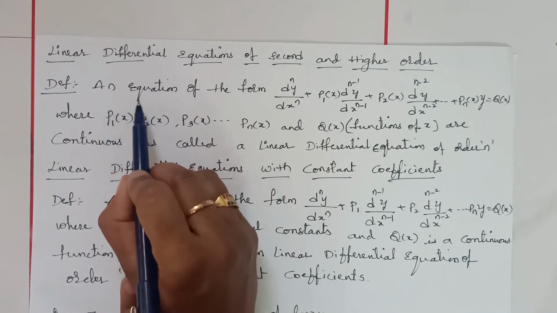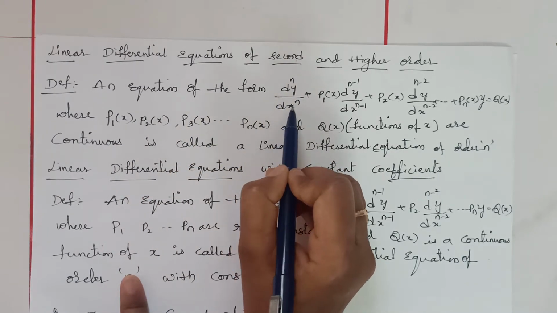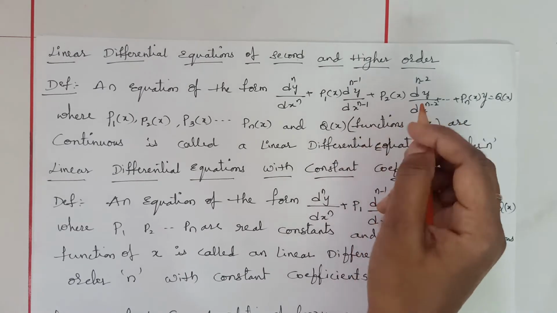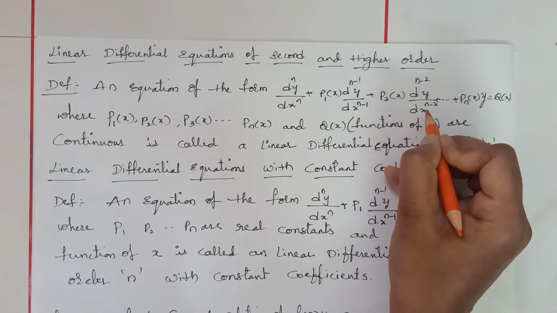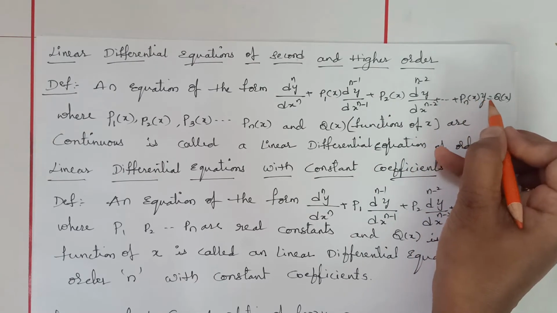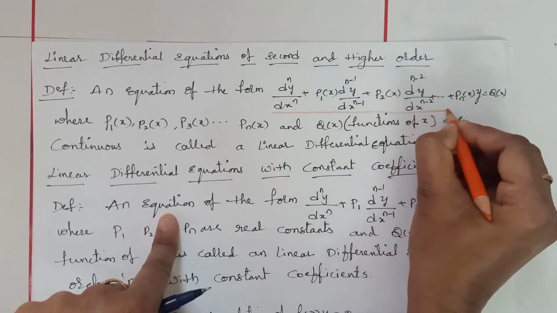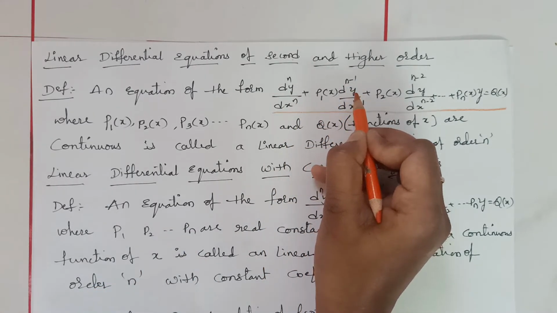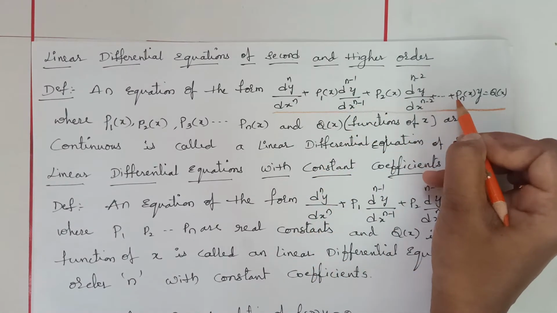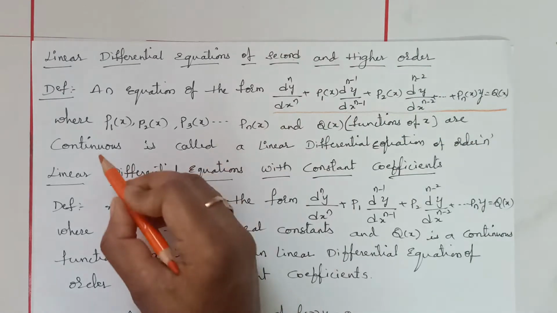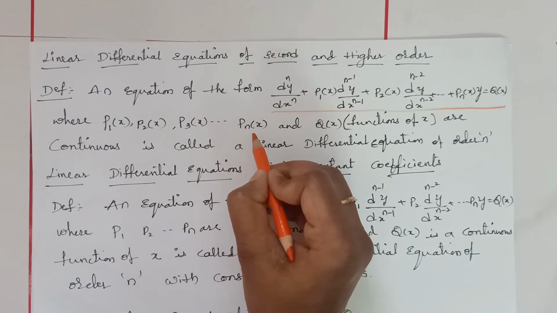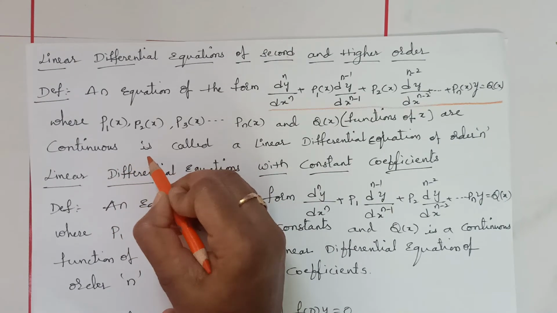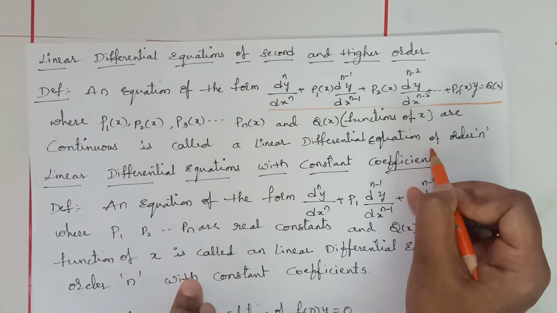Here we have a definition: an equation of the form d^n y/dx^n + p1(x) d^(n-1) y/dx^(n-1) + p2(x) d^(n-2) y/dx^(n-2) + and so on + pn(x) y = q(x), where p1(x), p2(x), p3(x) and so on up to pn(x) and q(x) are continuous functions of x, is called a linear differential equation of order n.